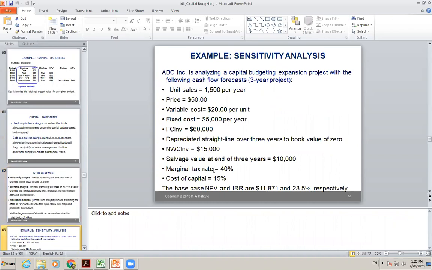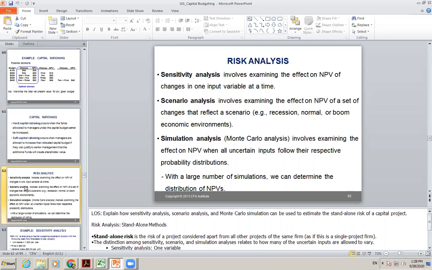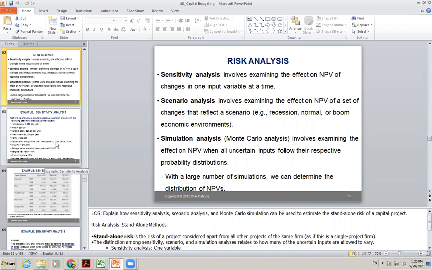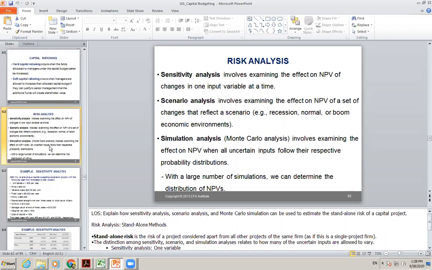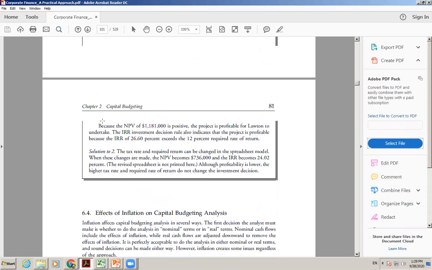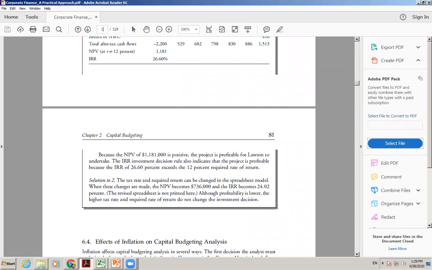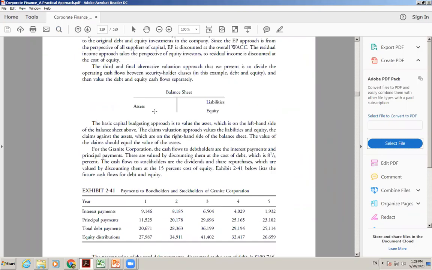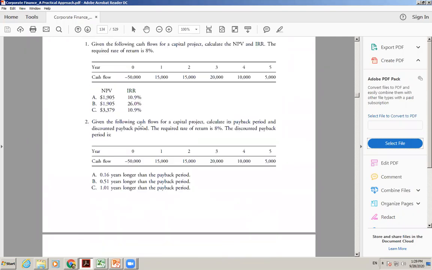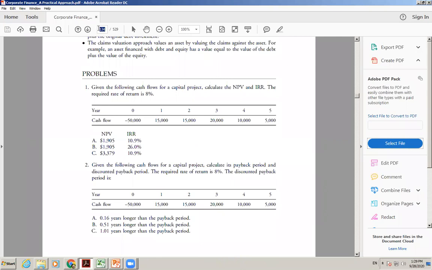Okay, here's a given example of the sensitivity analysis, but I want to stop here. The sensitivity example, I will do on Wednesday. But for you, I want you to go to the book, this Corporate Finance: A Practical Approach. Go to that book, page 134.